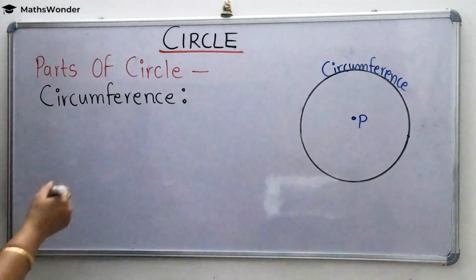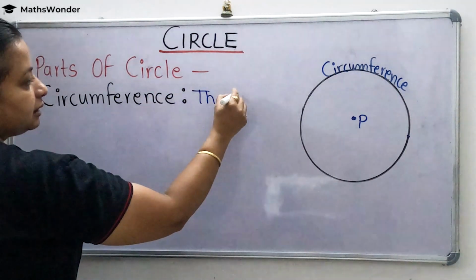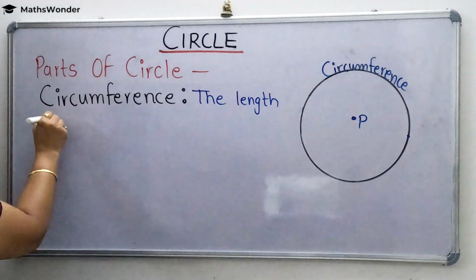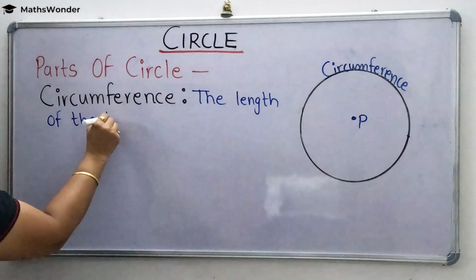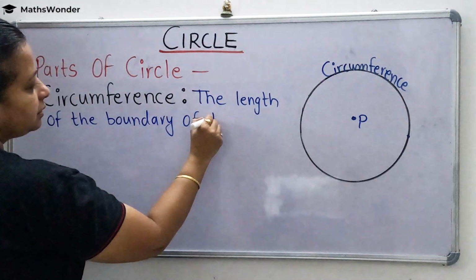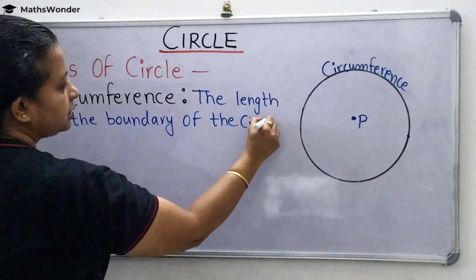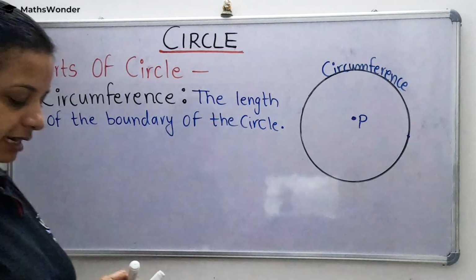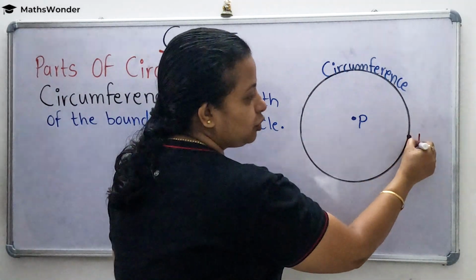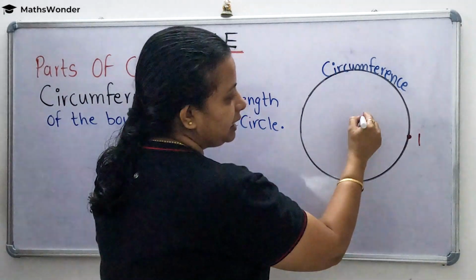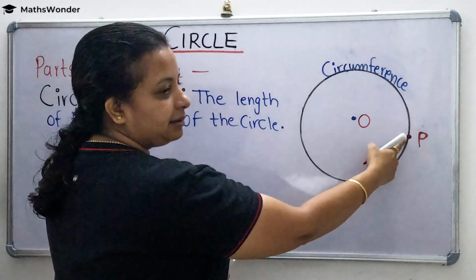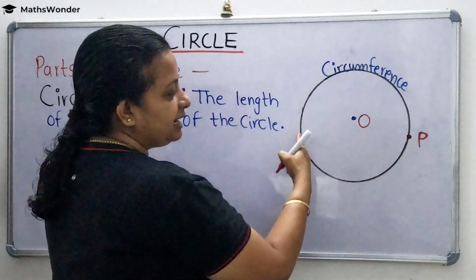Suppose I name this point P, and I start the boundary from here and stop here.